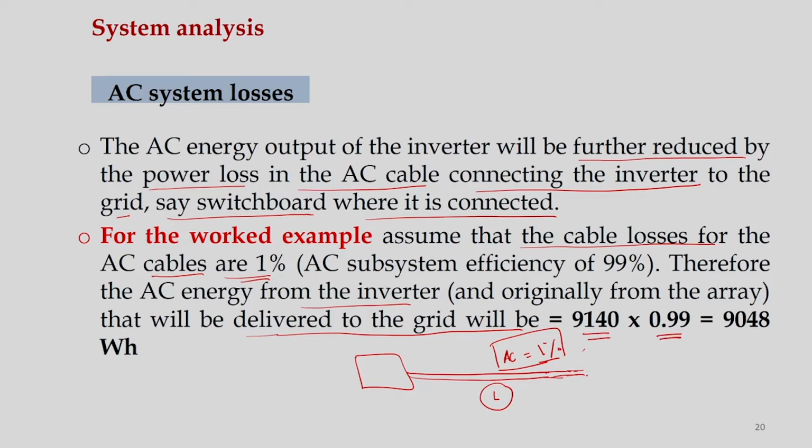This is the grid, this is the inverter. In between, this loss is 1%. So the energy which will be given to the grid at this point will be 9048 watt hour, right.